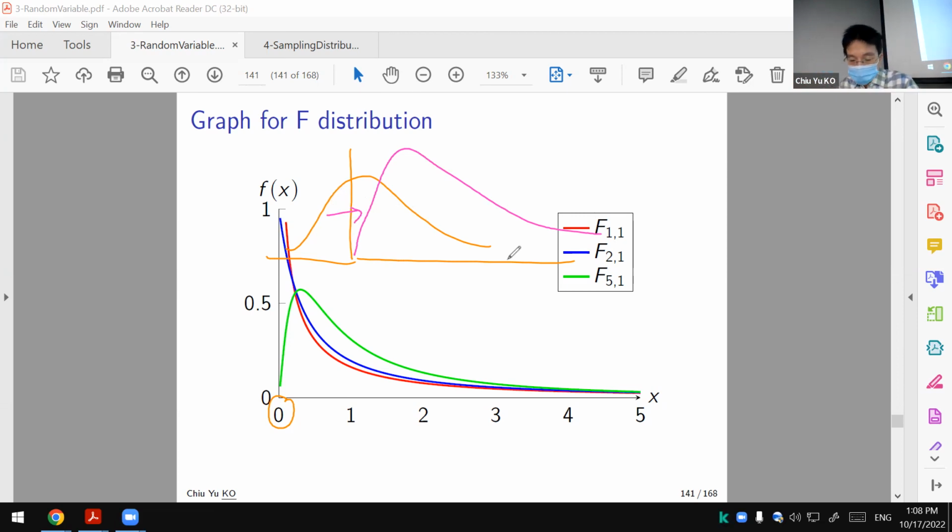One of the important things here, compared to T, is that it's not symmetric. That is one of the main key things to keep in mind: the F is not symmetric. So when you look at the F table later, you will see the left and the right, and you have to be careful.